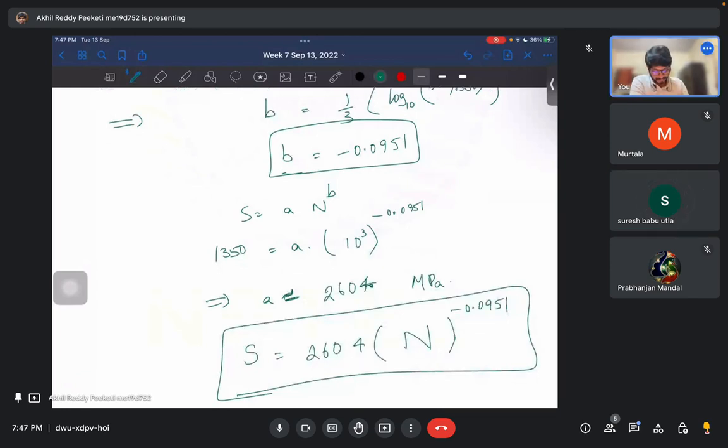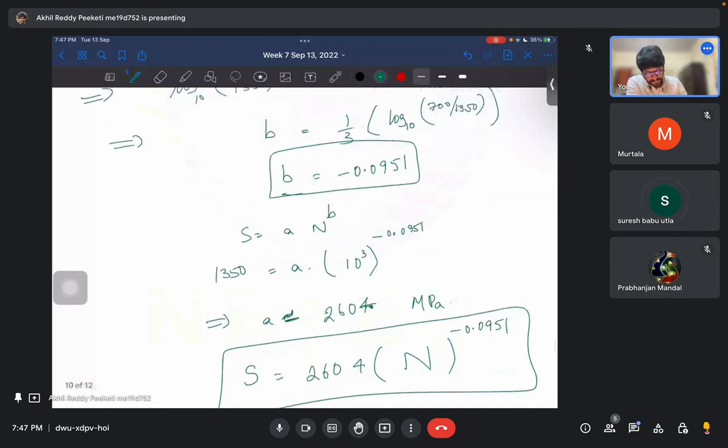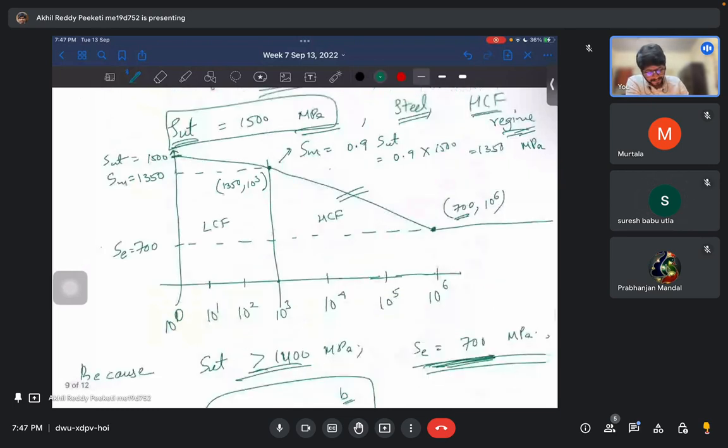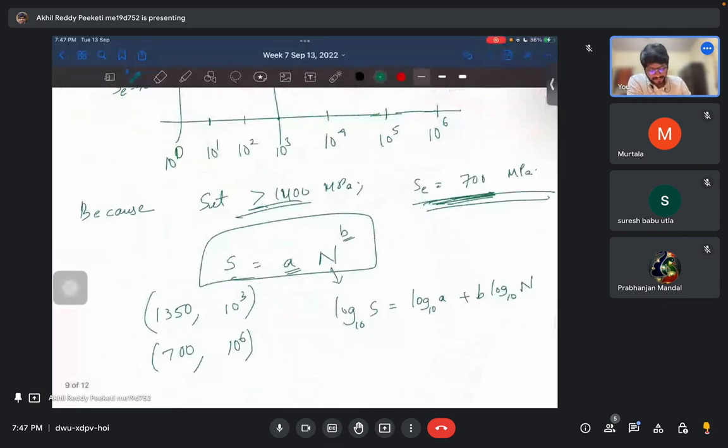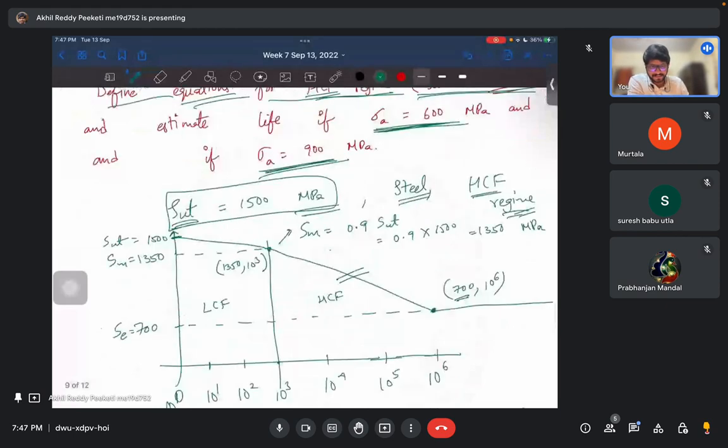Now we are asked for amplitude stress, alternating stress of 600 MPa and 900 MPa. We are supposed to estimate the life. Can anyone tell me what we should do now?